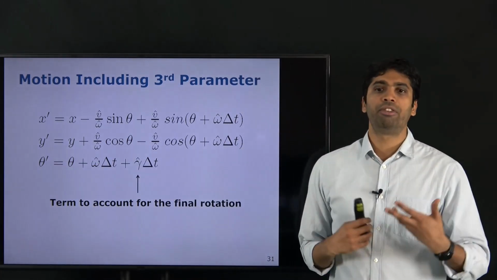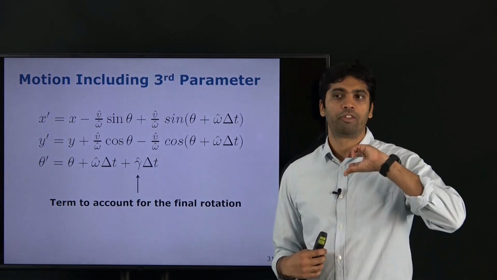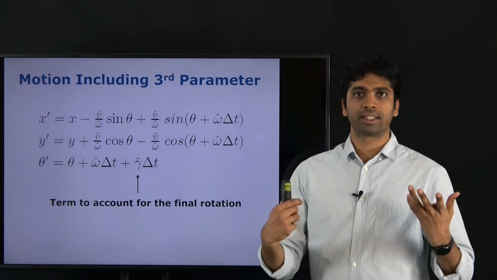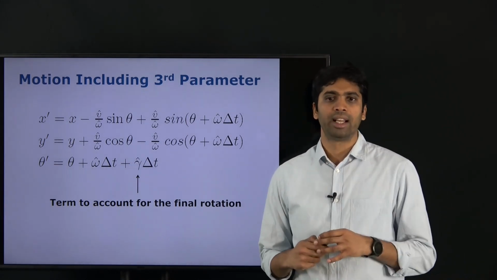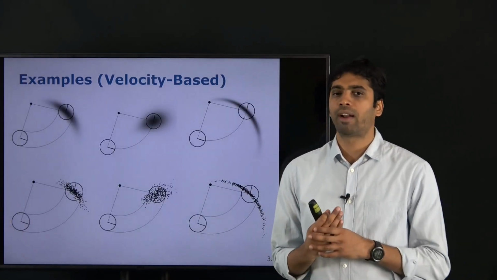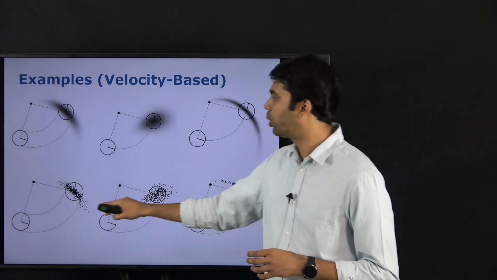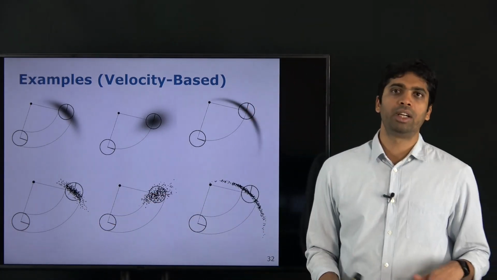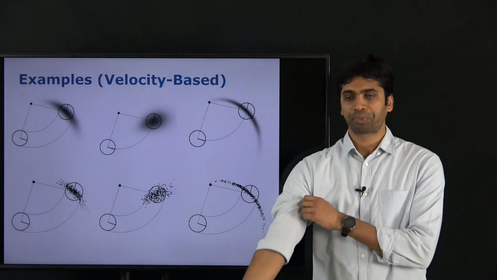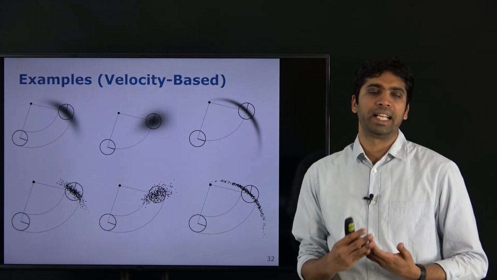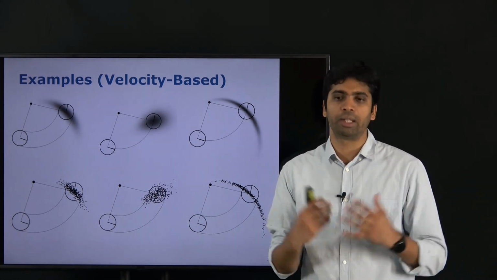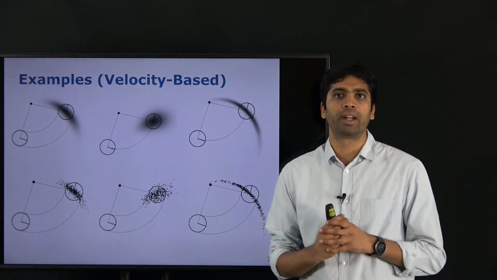So with this we have a model for describing the noise for a velocity based model for wheeled robots mainly. And the results look like what we see here. Visually they look very similar to what we saw from our odometry model, but for certain robots that's not possible, say the robots are not equipped with encoders.